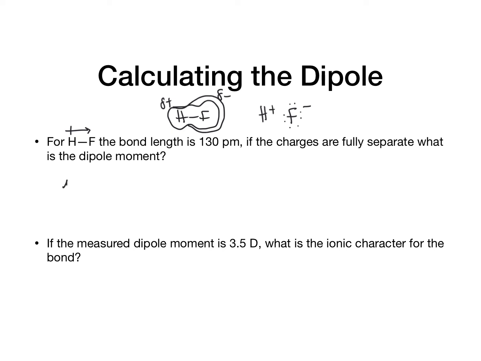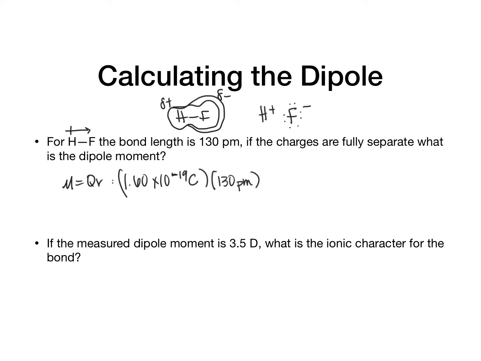So if mu equals QR, Q is the charge on an electron, which is 1.60 times 10 to the negative 19 coulombs, multiplied by 130 picometers.